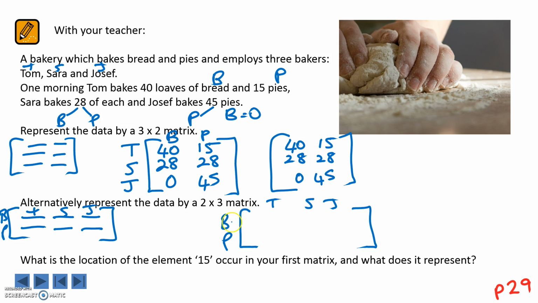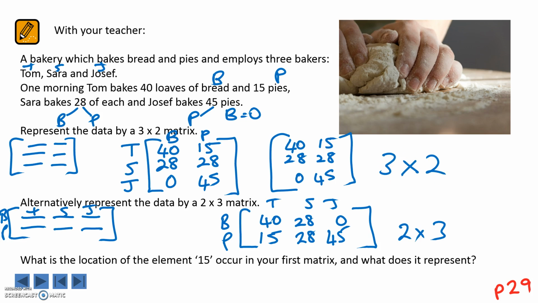So Tom's bread, we know, is 40. Tom's pie is 15. Sarah's is 28 of each. And Joseph is making 45 pies. So it's the same information. This one is a 2 by 3, but this one is 3 rows and 2 columns.